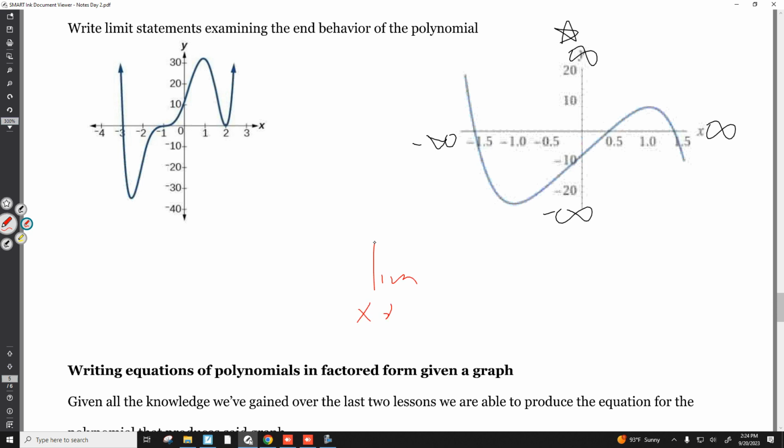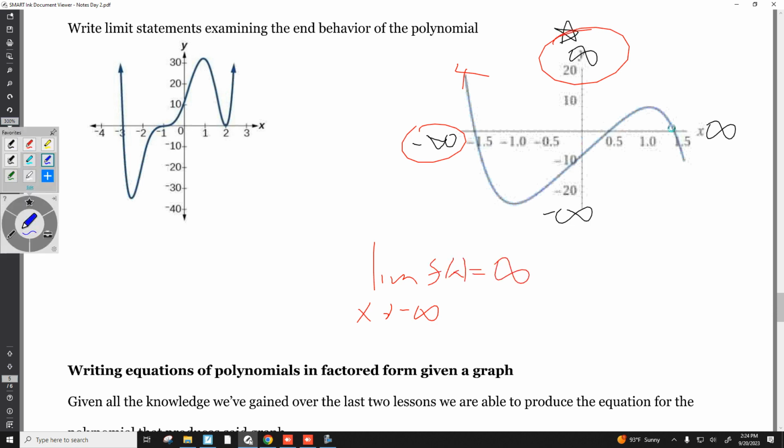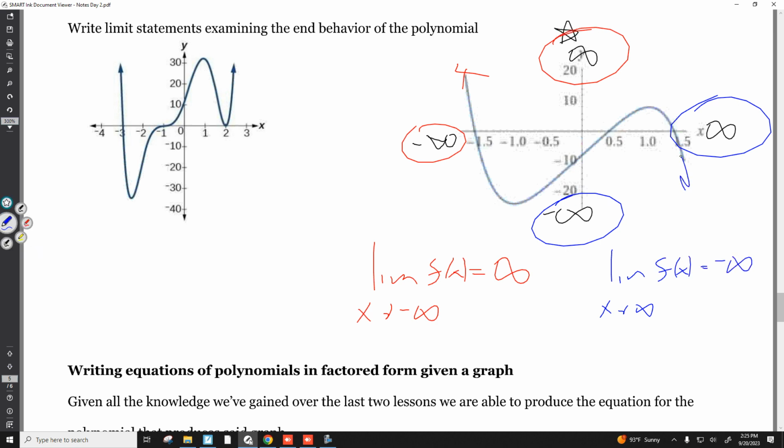As we go to the left, my graph is going up. As we go to the right, my graph is going down. Got it? Like, which way is my arm pointing?